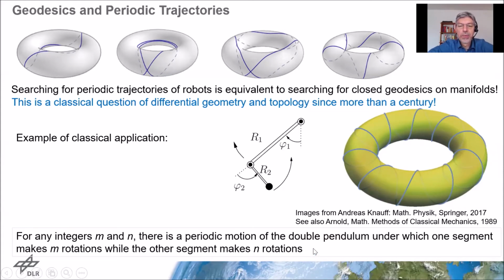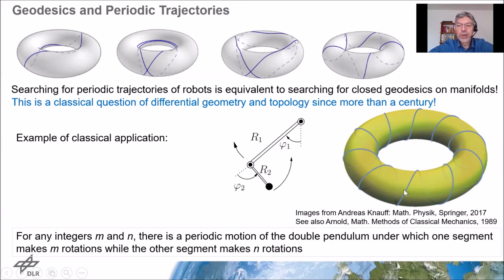Intuitively, it's very simple. Because we know that trajectories of the double pendulum are geodesics on the 2-dimensional torus, just imagine taking a rubber band and wrapping it n times around one dimension of the torus and m times around the other dimension, then gluing together the ends of the rubber band and letting that contract without friction on the surface of this torus.